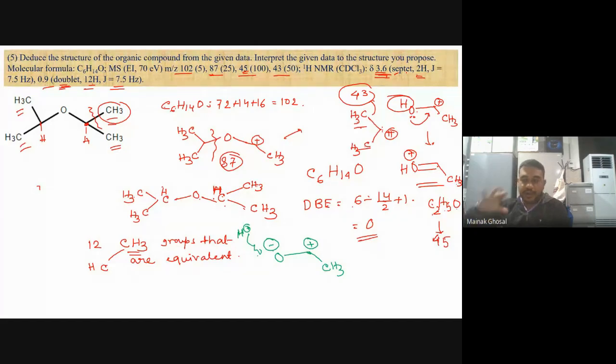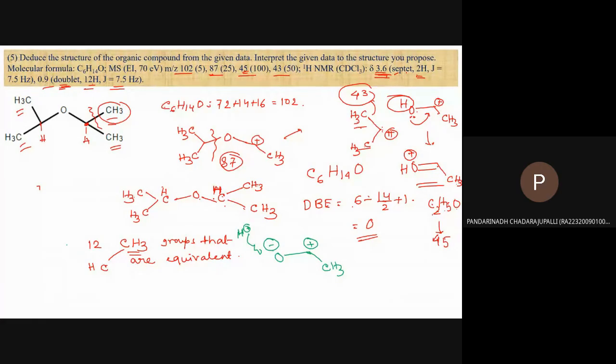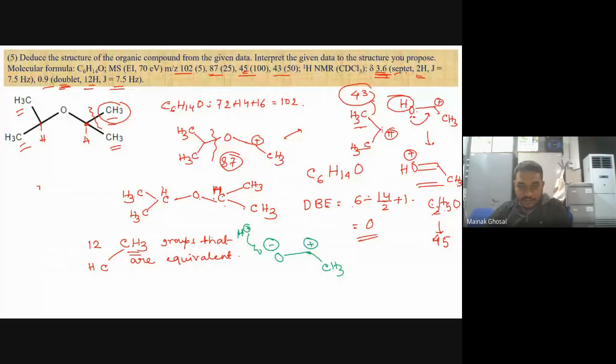So O minus cannot be left alone. It will first try to neutralize. If it gets neutralized, then there is a positive charge, so it will give a lone pair and take the positive charge over it.